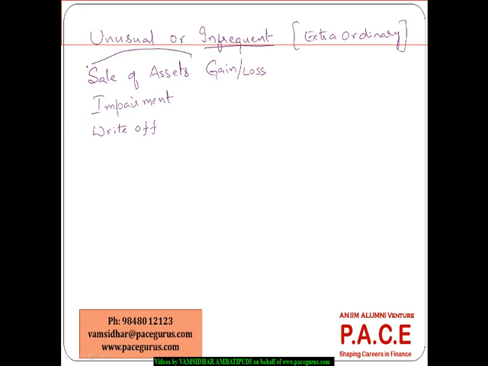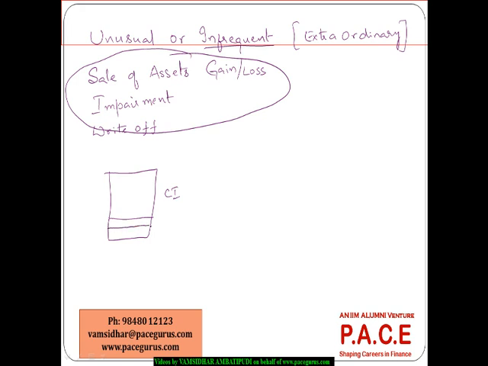So these various elements which are either infrequent or unusual, I am keeping in the income statement itself. In the income from continuing operations itself, it would be there, reported before tax.